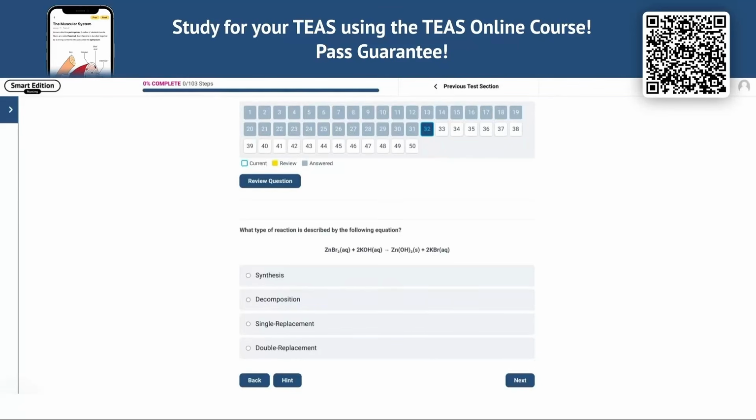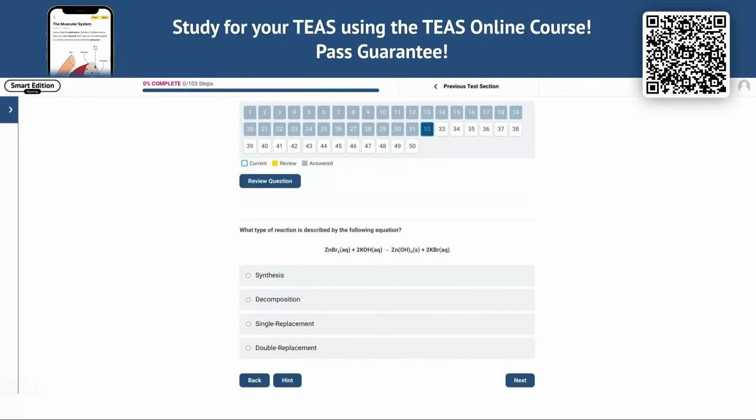Let's talk about why the other options are not correct. A synthesis reaction occurs when 2 or more simple substances combine to form a more complex substance. That's not what's happening here, because 2 compounds are breaking apart and forming new compounds. They're not combining. A decomposition reaction occurs when a single compound breaks into 2 or more simpler substances.